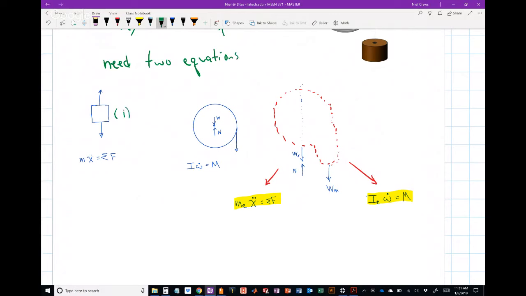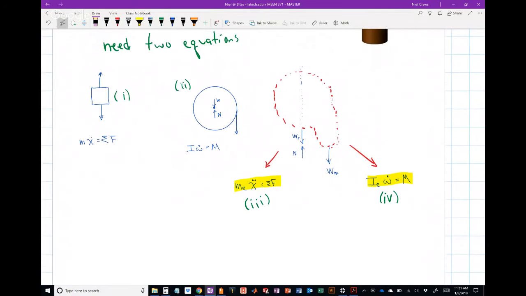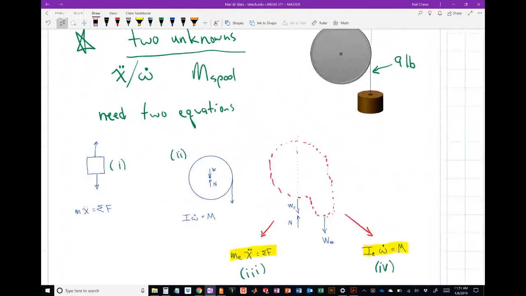If this is method 1, this is method 2, this is method 3, and this is method 4, then the options that you have are to solve it with 1 and 2, 1 and 3, 1 and 4, 2 and 3, or 2 and 4.